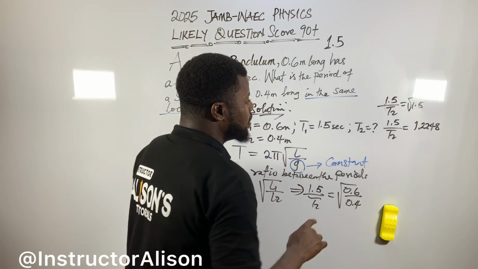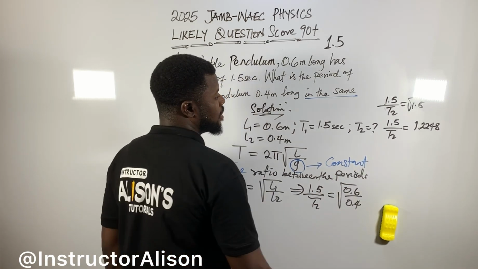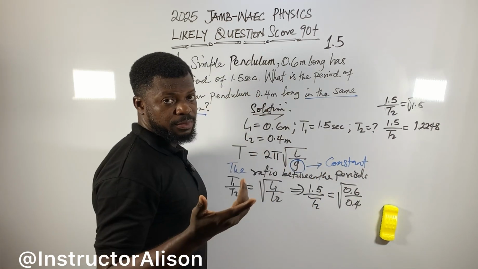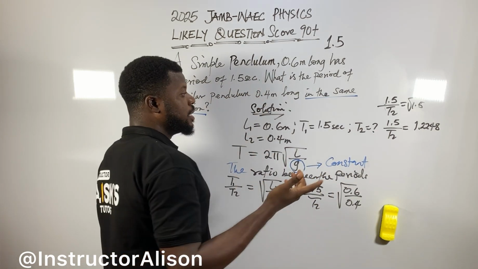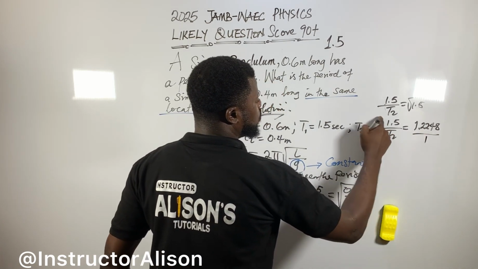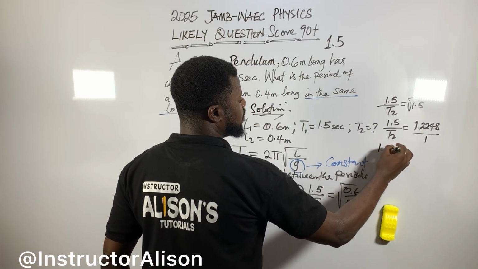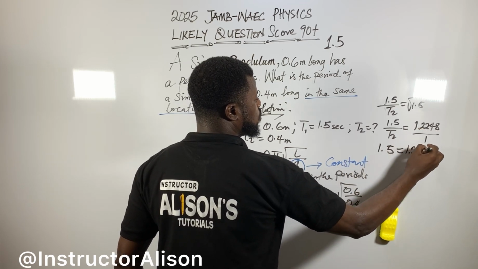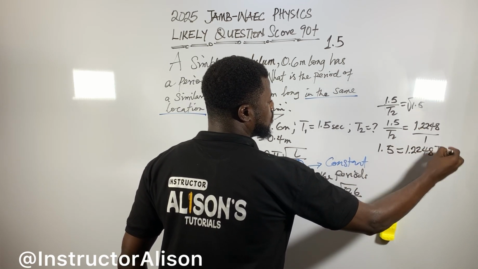So what happens is that you are to find T2. If I like, I can multiply both sides by T2. That's the first method to get my T2. Again, I can put 1.5 over 1 and cross multiply: 1 times 1.5, 1.5 equals T2 times this one, which is 1.2248 T2.